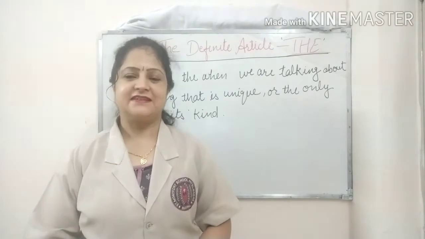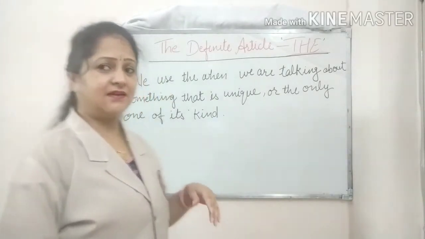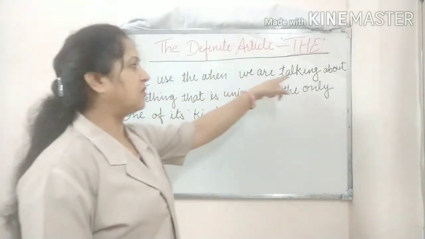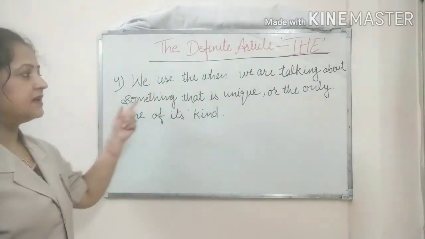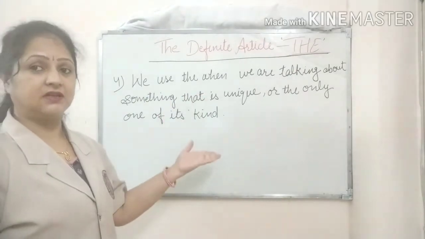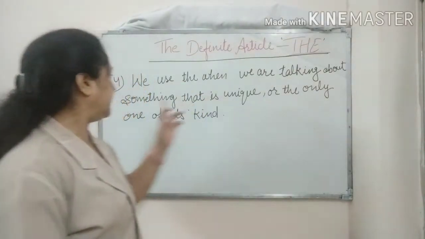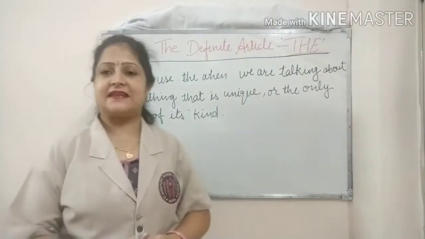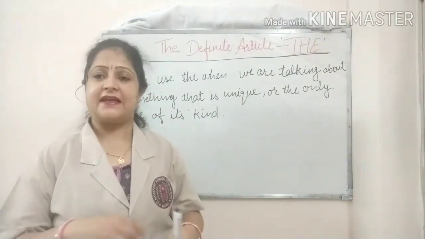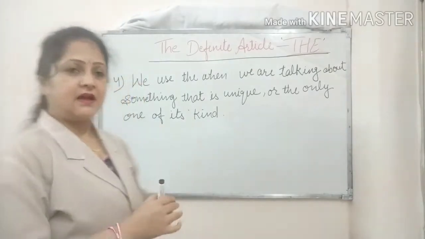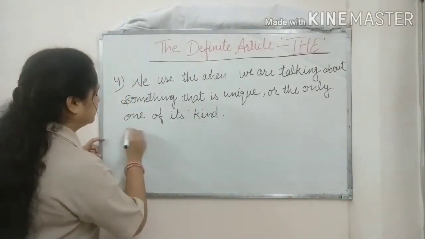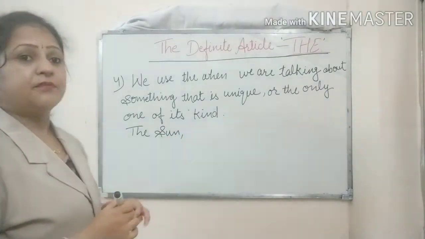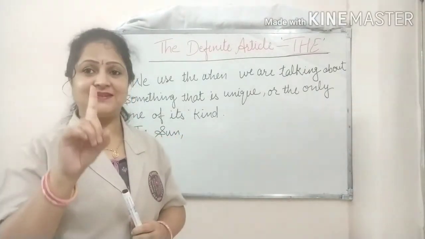The fourth use of the is, we use the when we are talking about something that is unique or the only one of its kind. Let's take some examples here, like the sun. I'm saying the sun because there is only one sun.